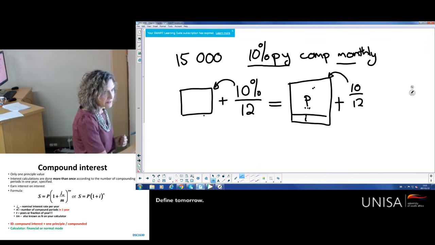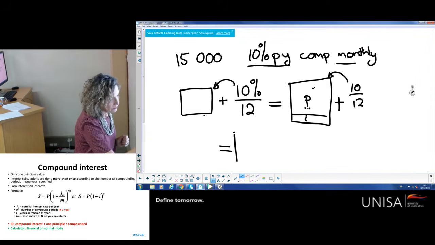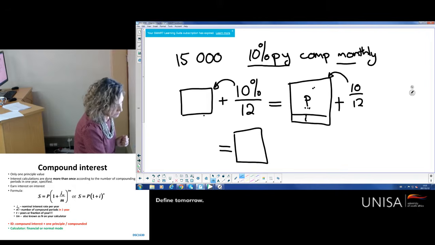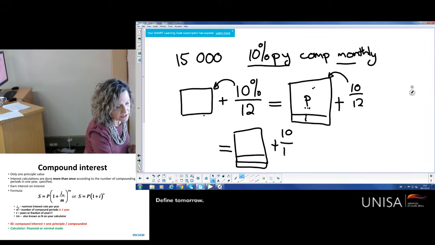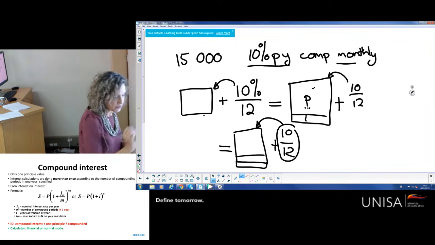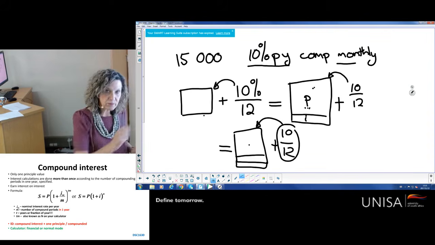Come the third month, we have our principal plus our two little interest pieces, and we calculate again our little piece of interest, but now our principal is even bigger.